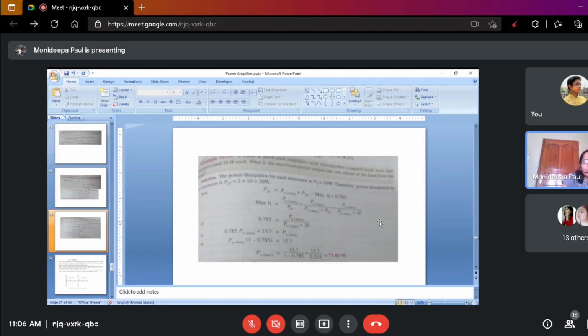Write down just the gist of the numerical problem. That is, first condition is that this is a push-pull power amplifier. Next is the power dissipation by each transistor is 10 watt.